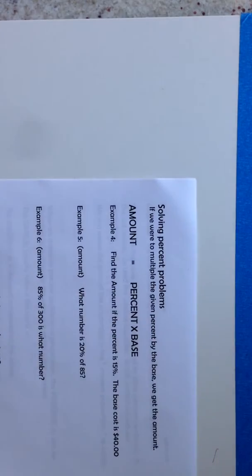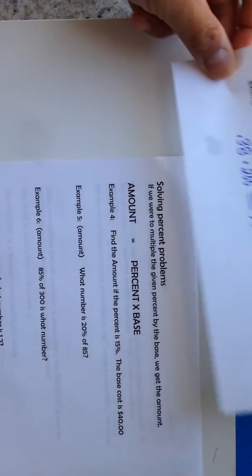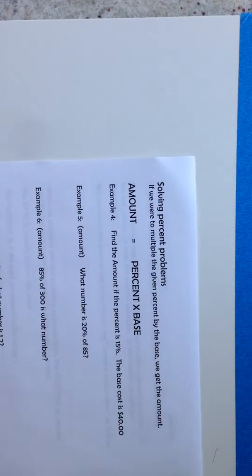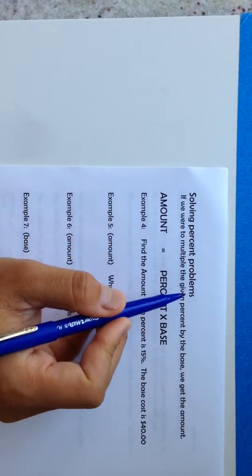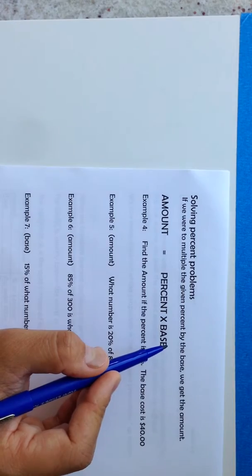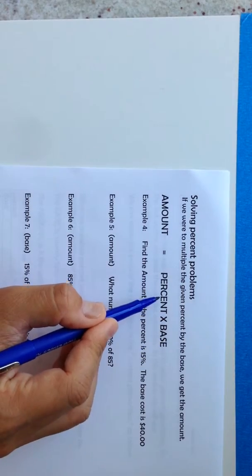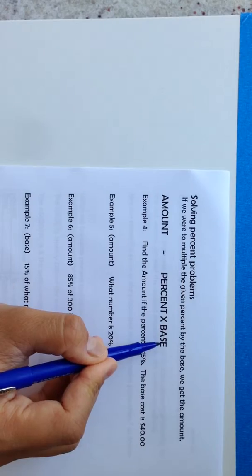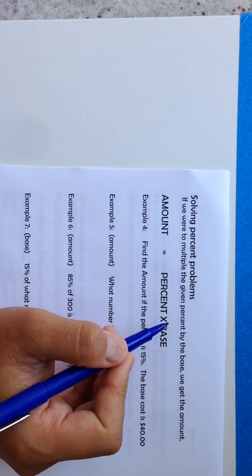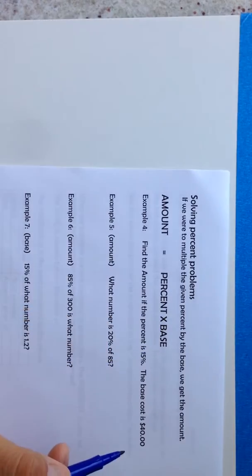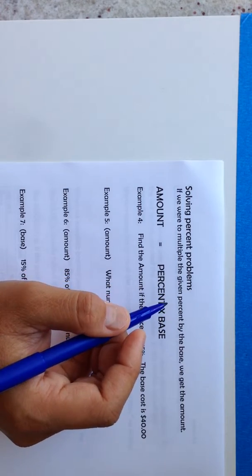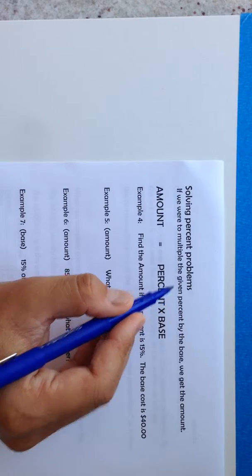Now we get a lot of these equations, but what do they really mean? In solving percent problems, if we multiply the percent and the base, then you get what's called the amount. Think of if you were at a restaurant eating dinner, think of the percent as the amount of money that you're going to tip at the end of your meal.